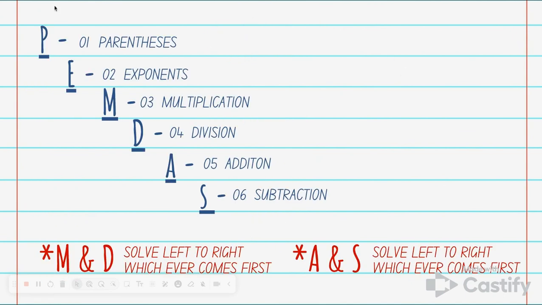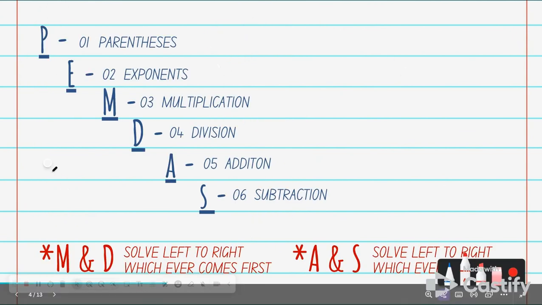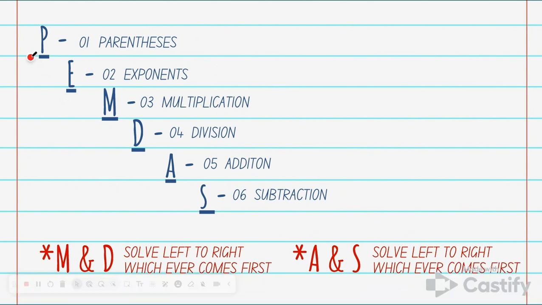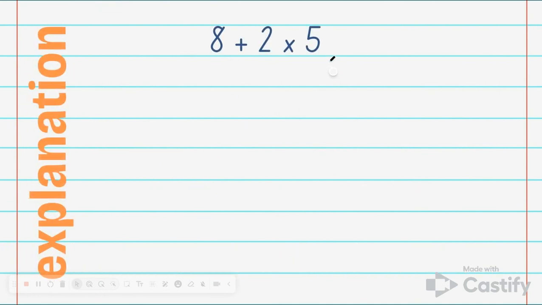So let's practice that the correct way. But I just want to let you guys see this one more time of this order, and we are going to make sure that we actually write down these letters every time we solve one of our equations, to make sure that we're getting it down exactly as we are supposed to. So 8 plus 2 times 5.